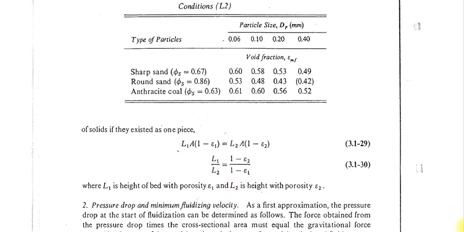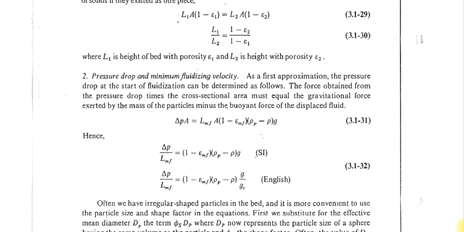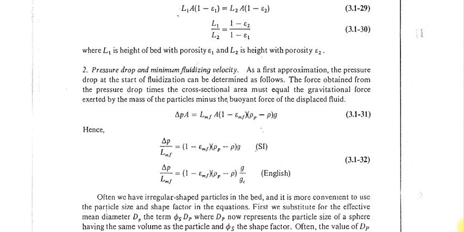Now the second most important parameter in this case is the pressure drop and the minimum fluidization velocity. What is the minimum fluidization velocity, and how much pressure drop occurs at that velocity? As we discussed before, at the minimum fluidization velocity, the gravity force and the buoyancy force are equal, so you can use that to calculate the minimum pressure drop in the column.